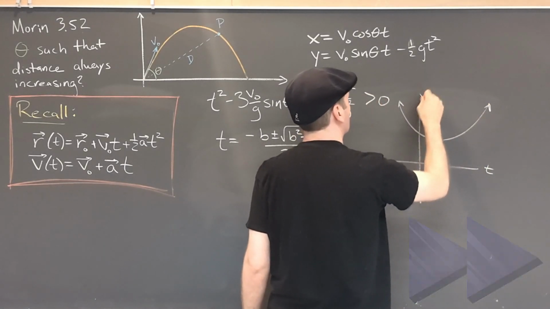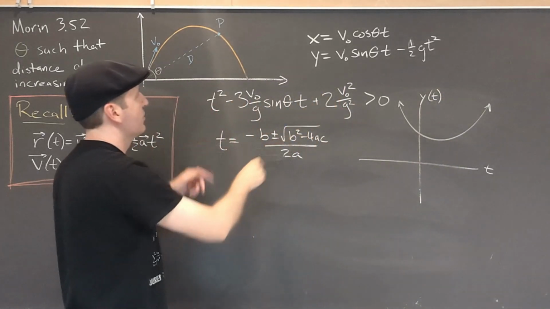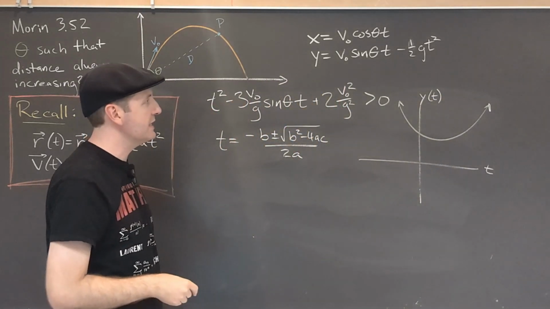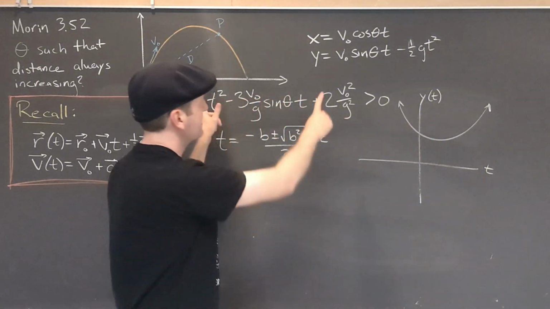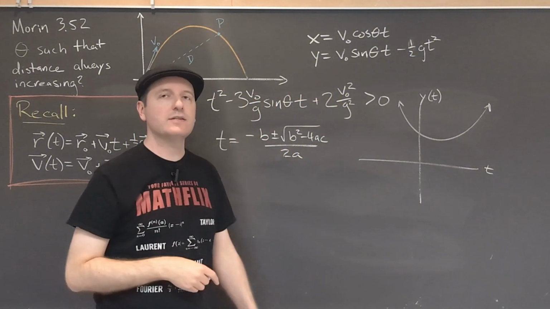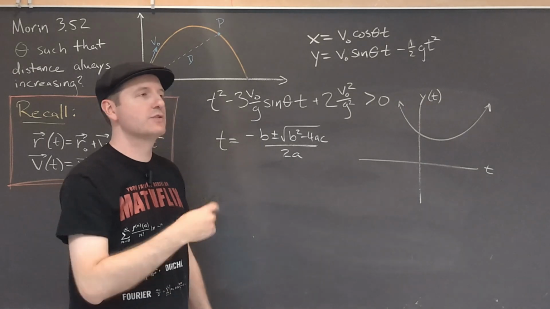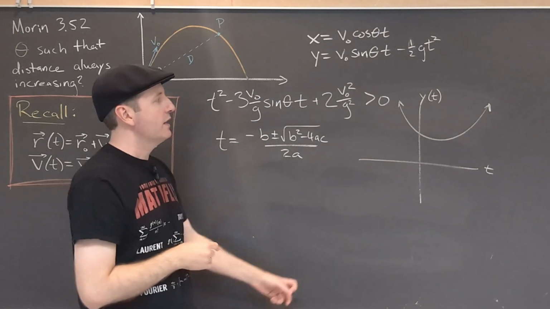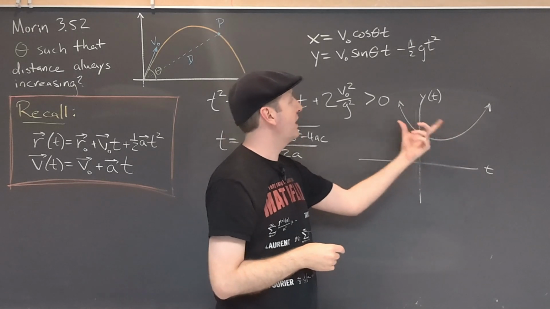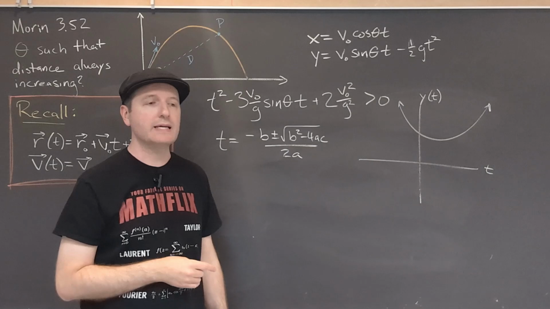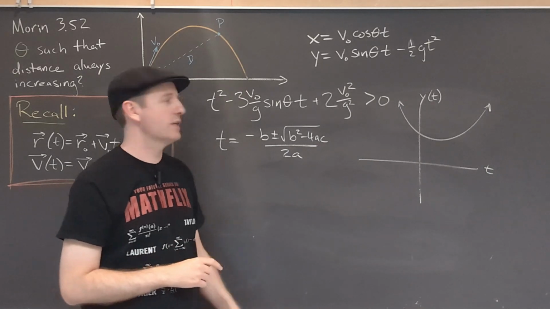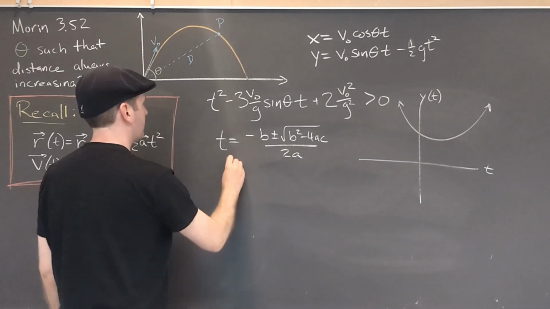If I call this whole thing, say, y of t, we want there to be no times at which this value is equal to 0 or negative. That ultimately means we should only have complex roots for this, which ultimately means that the discriminant should be negative. So let's see what that is in our case.